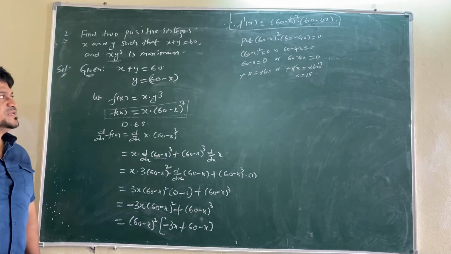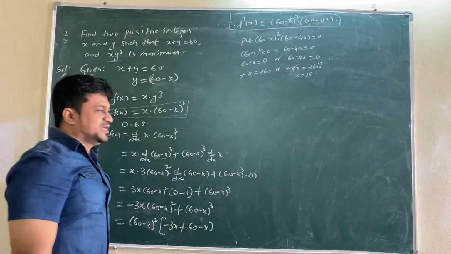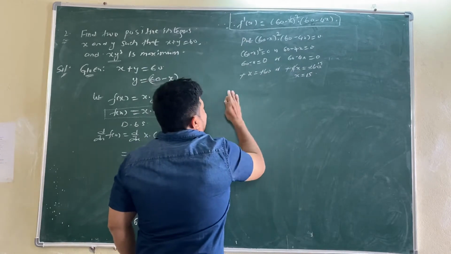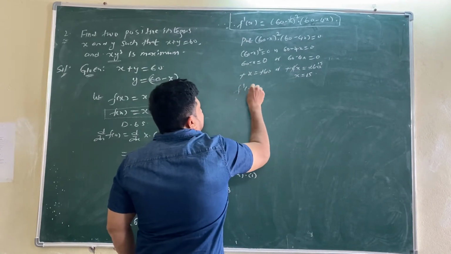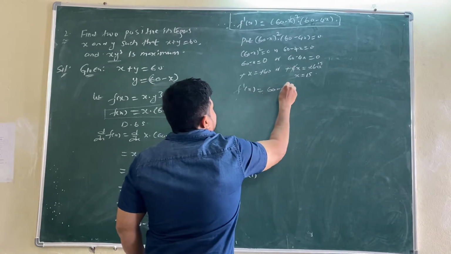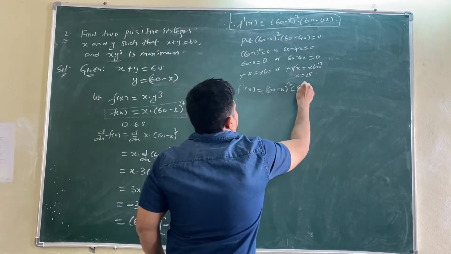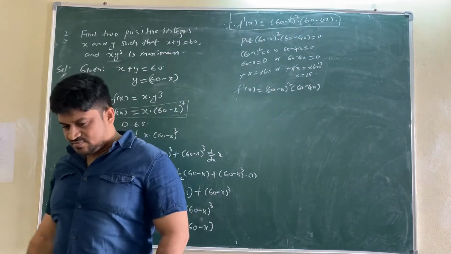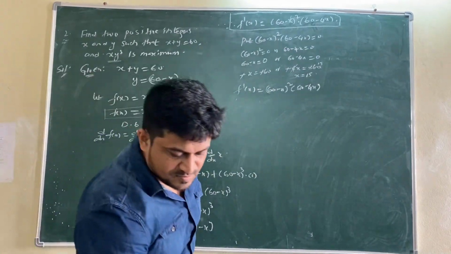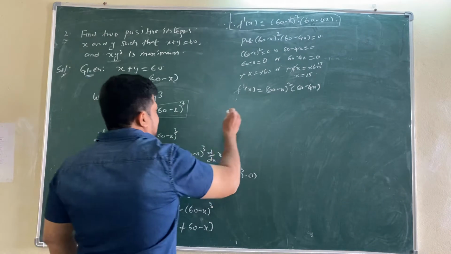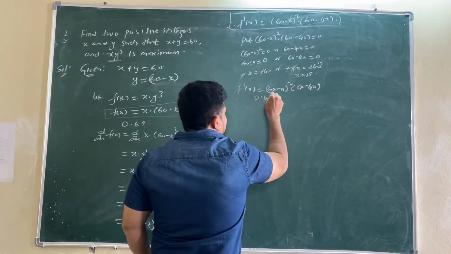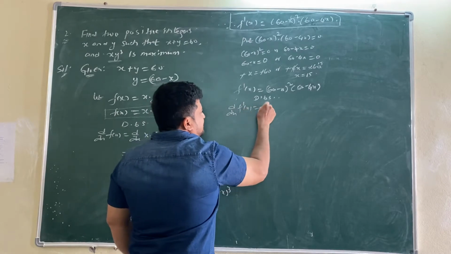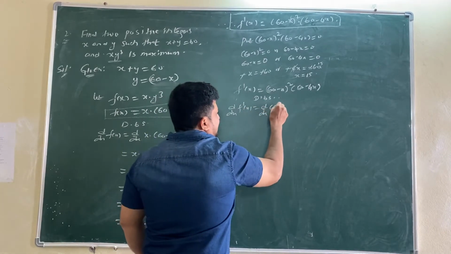Okay, leave it. Once we got two values, then we'll take f dash of x once again. Whatever is in the box, we'll write that as it is. After writing the boxed term, what will we do? Differentiate both sides with respect to x. D by dx on the left side, d by dx on the right side.